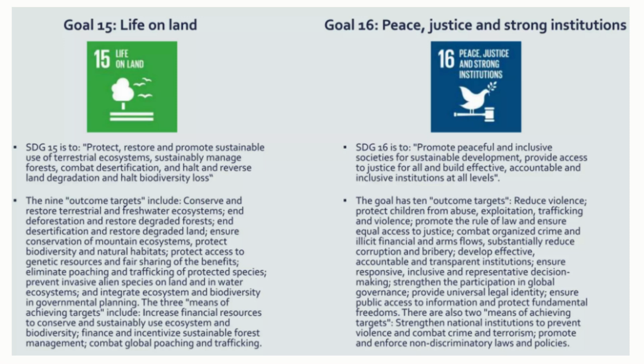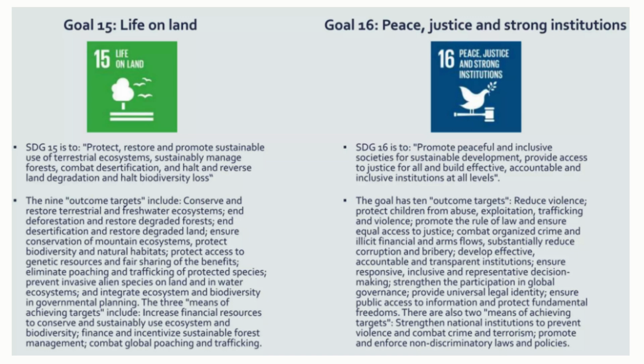The nine outcome targets include conserve and restore terrestrial and freshwater ecosystems, end deforestation and restore degraded forests, end desertification and restore degraded land, ensure conservation of mountain ecosystems, protect the biodiversity and natural habitats, protect access to genetic resources and fair sharing of the benefits, eliminate poaching and trafficking of protected species, prevent invasive alien species on land and in water ecosystems, and integrate ecosystem and biodiversity in governmental planning.